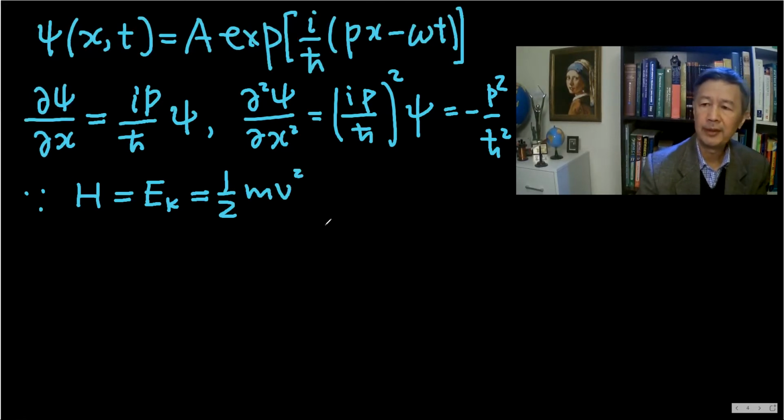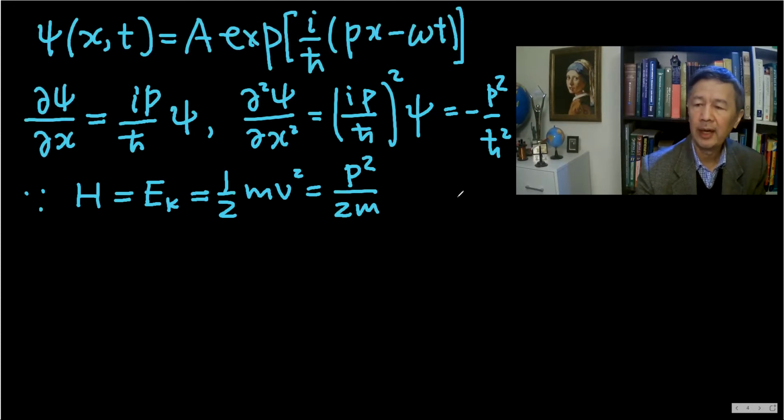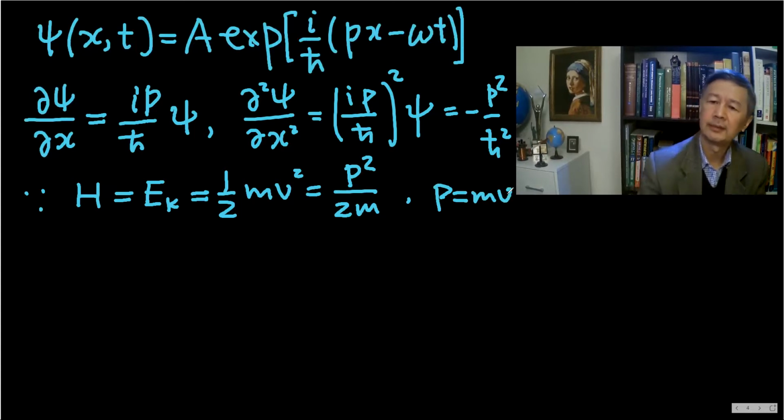By using the definition of momentum, we can jump to p squared divided by 2m. m represents the mass, because momentum is simply the product of the mass and the velocity. So if you compare these two formulas, you see we almost get the Hamiltonian, except we need the 2m here. So what can we do?